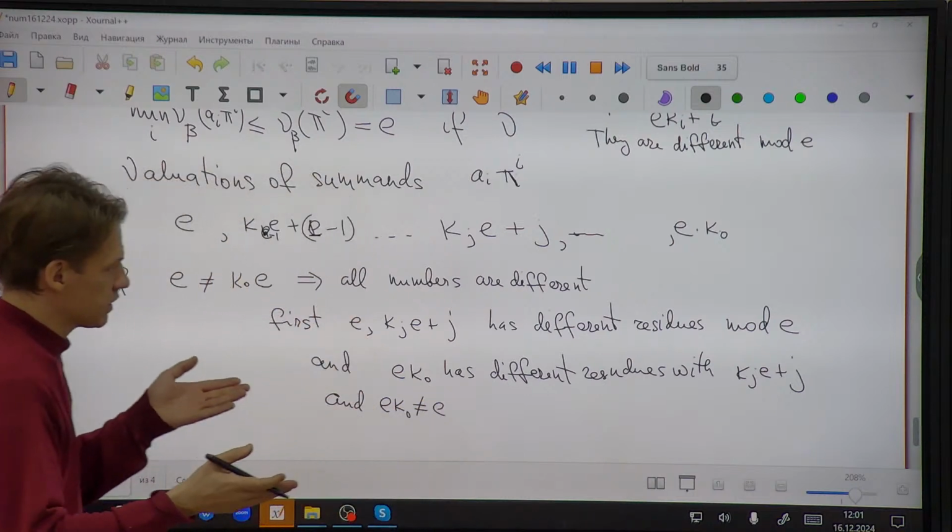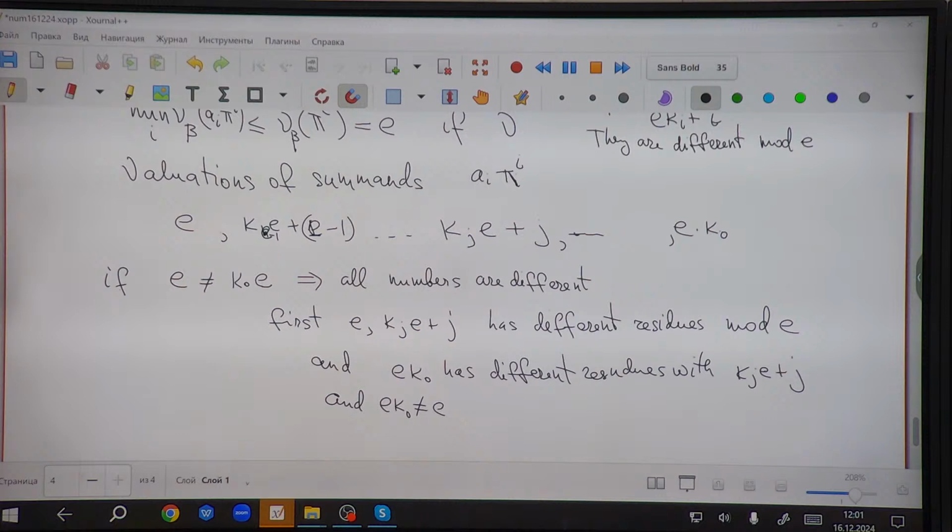So all numbers have different valuations.